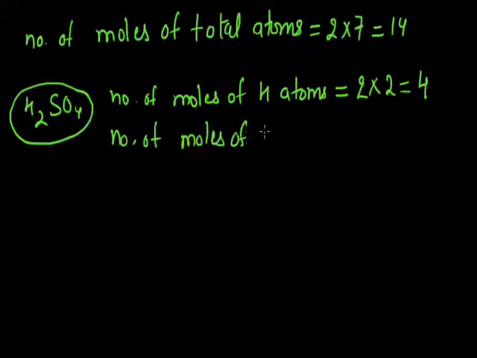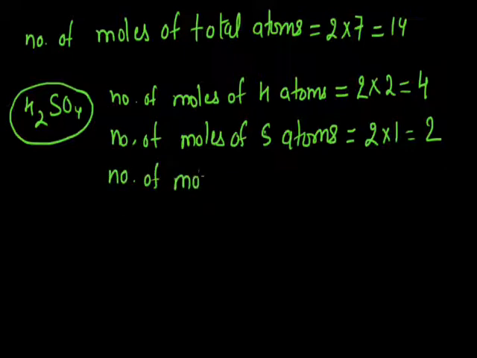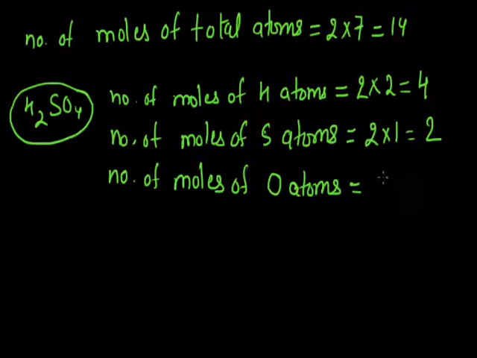number of moles of sulfur atoms will be 2 into 1 is equal to 2, because one molecule of H2SO4 contains 1 atom of sulfur, so 2 moles of molecules will contain 2 into 1 is equal to 2 mole atoms of sulfur, and number of moles of oxygen atoms is equal to 2 into 4 is equal to 8 moles, because one molecule of H2SO4 contains 4 atoms of oxygen.